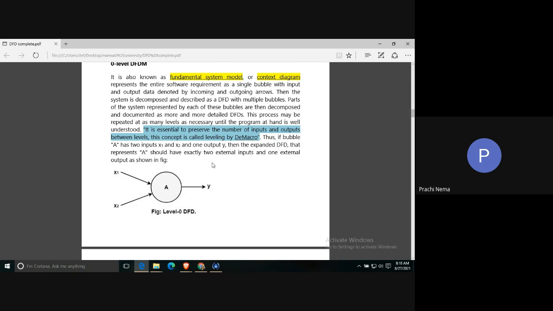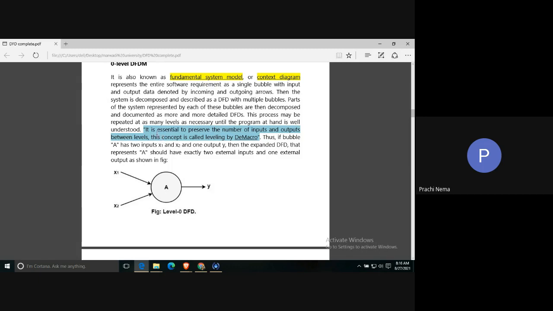This is called leveling by balancing. How do you define this rule? It says it is essential to preserve, that is, to maintain consistency, to keep things as they are.